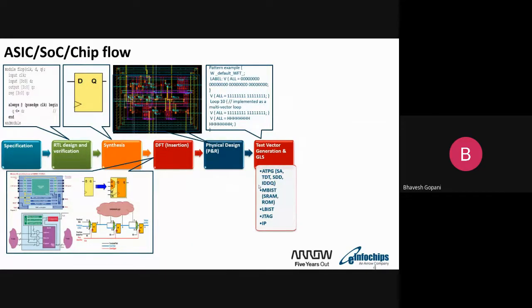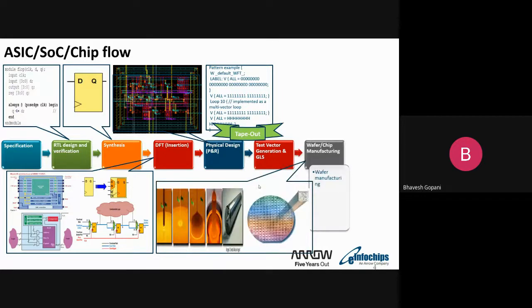Once the vectors are generated and verified with gate level simulations, we can consider the design tape out ready. Once the tape out is done, the GDS2 file is given to the foundry, and they start manufacturing the chip. There are certain steps in manufacturing as well.